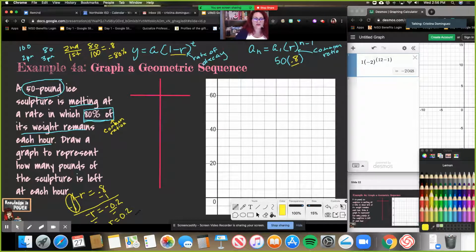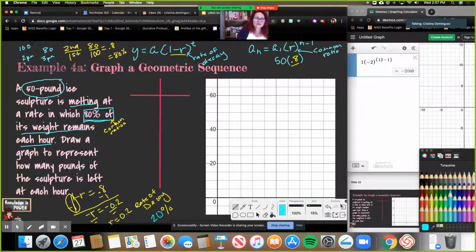And so what is your rate of decay? This is the same as what percentage? 20%. This has a rate of decay of 20%.